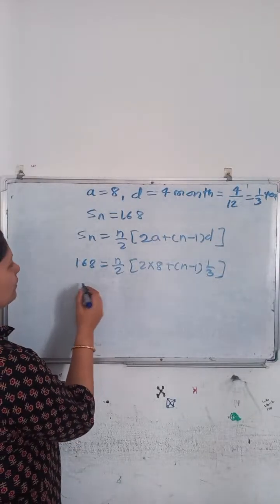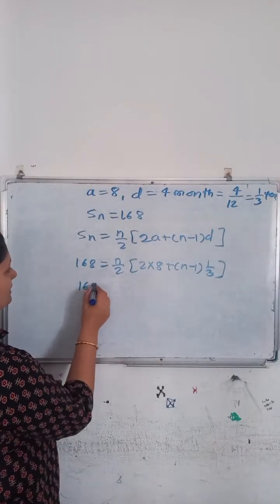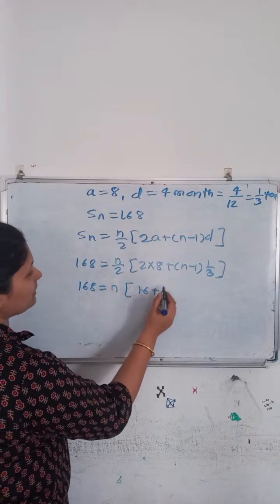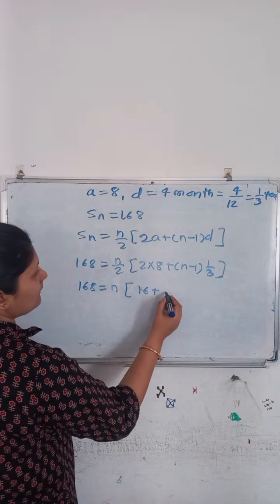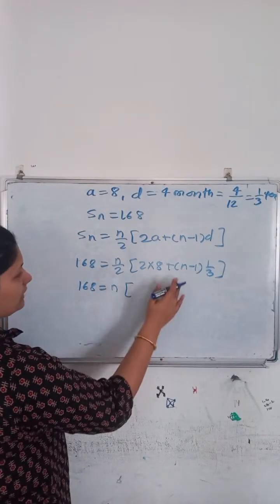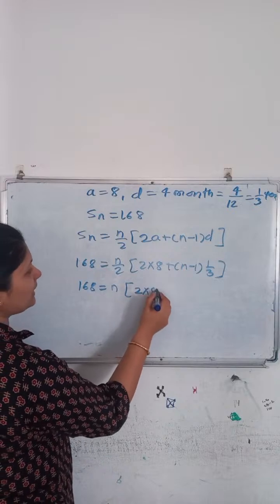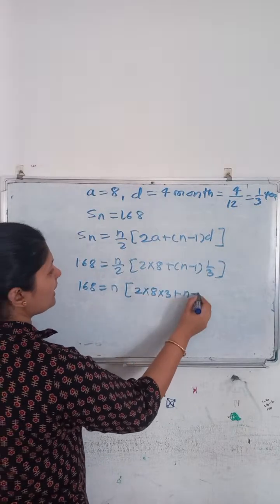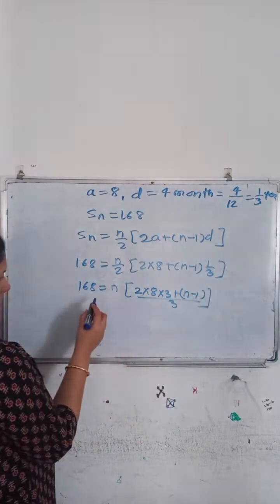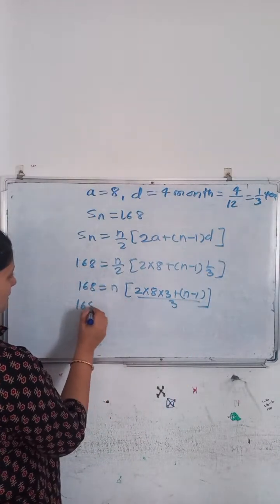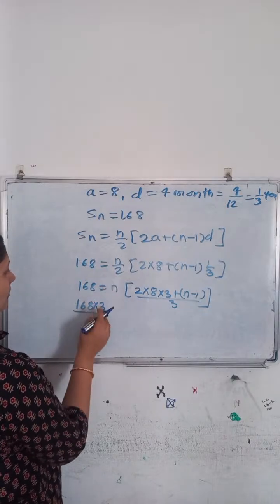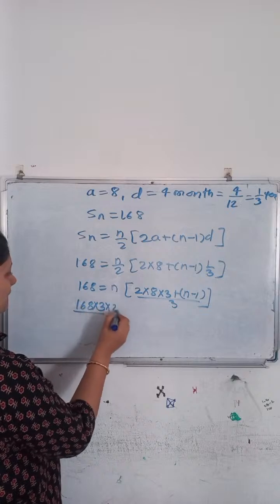Okay, so here 2 I will transpose: 168 is equal to n by 2, 8 twos are 16 plus n minus 1 into 1 by 3. You can take the LCM directly: [2 into 8 into 3 plus (n - 1)] divided by 3. Okay, 3 is getting multiplied here by 3, and 2 is also multiplied here.